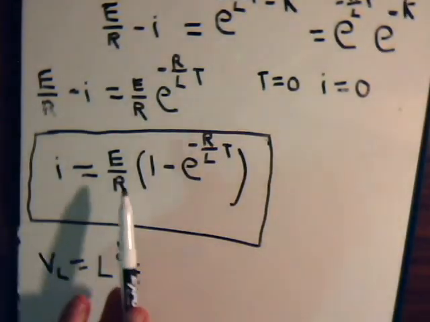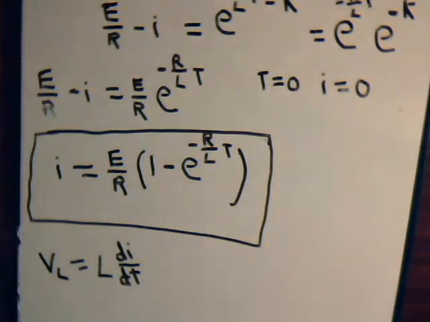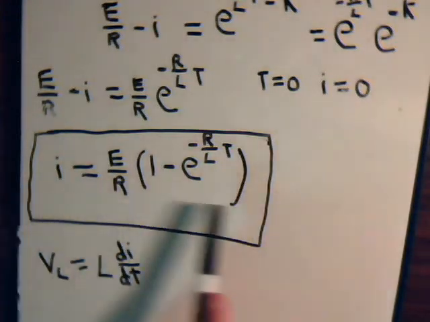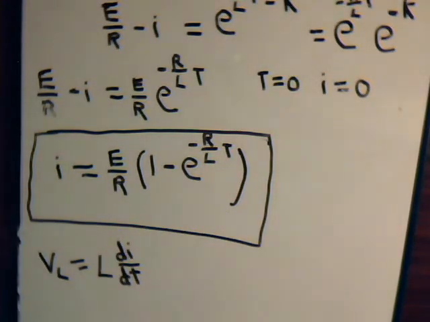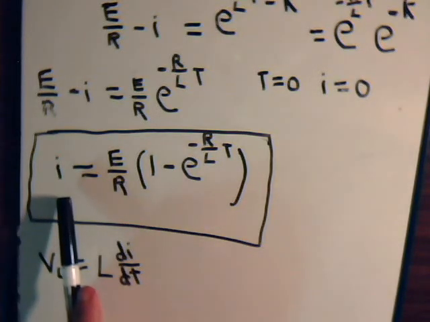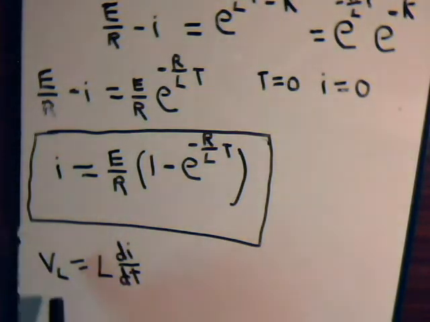So if I take the derivative of this, that will give us the induced voltage across the coil at any time. So let's do that in the next video. We'll stop here. We derived the equation. That was our goal. Now in the next video, we'll think it through a little bit more, exactly what this equation means, and from here, how we can also determine what the induced voltage is across the coil at any point in time.